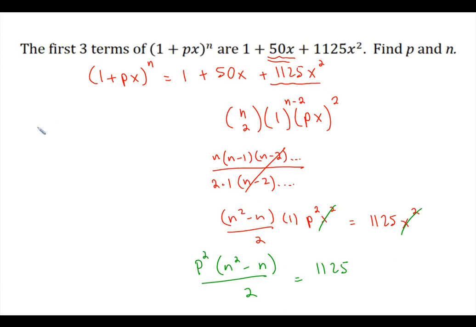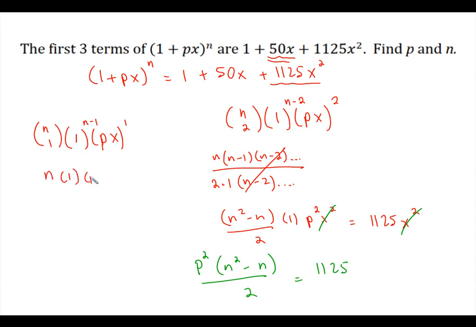So let's calculate that. We have n, we have 1, we have p times x, right? And we're just trying to get something with just x to the first power. So we know this has to be a 1. So if this is a 1, this would be n minus 1, and this would be 1. So n choose 1 is just going to give us n. 1 to any power is 1.